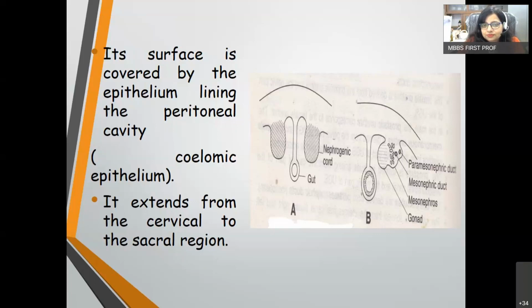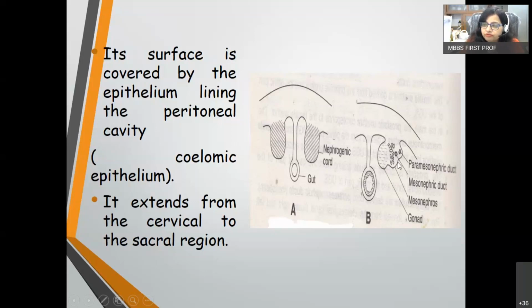So this intermediate mesoderm forms a bulging at the posterior abdominal wall over here like this. This is the gut cavity. The coelomic epithelium is covering the whole of this thing. And this coelomic epithelium, along with the nephrogenic cord, gets converted to the medialmost gonad. That is either the testis or the ovary.